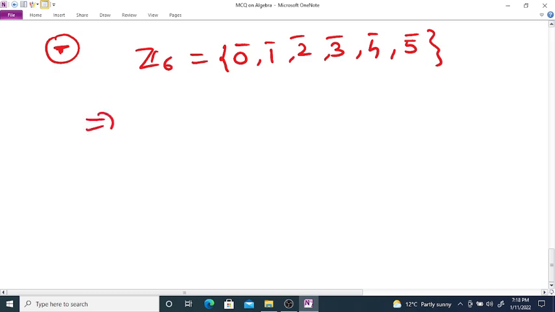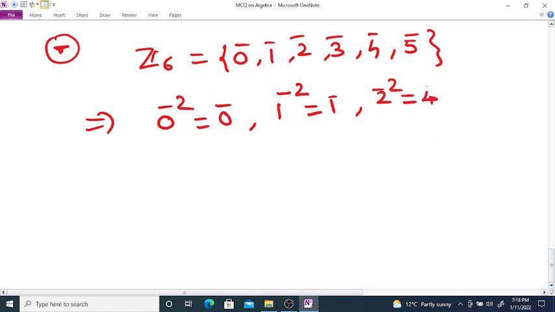Then here 0 bar square is equal to 0 bar, 1 bar square is equal to 1 bar, 2 bar square is equal to 4 bar, and 3 bar square is equal to 9 bar, which is equal to again 3 bar.